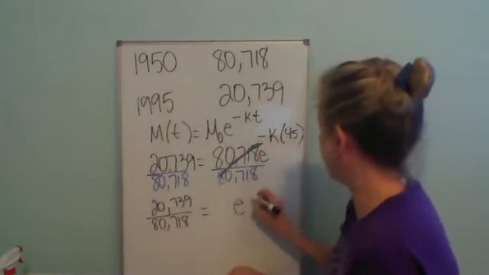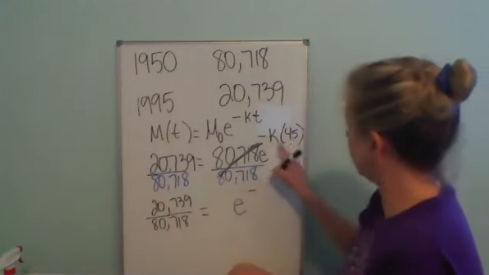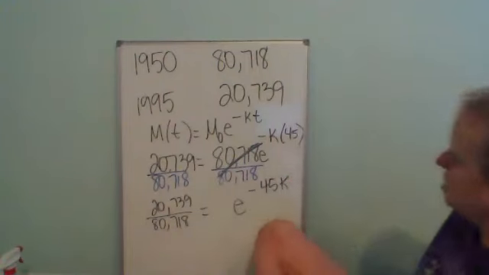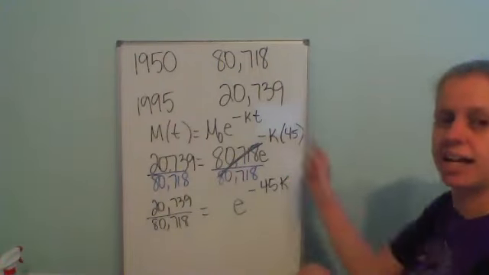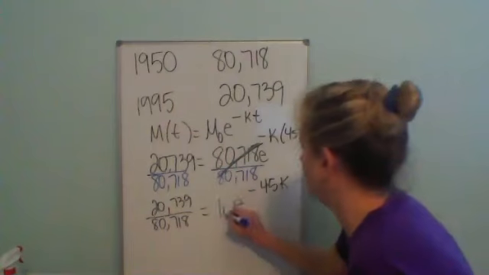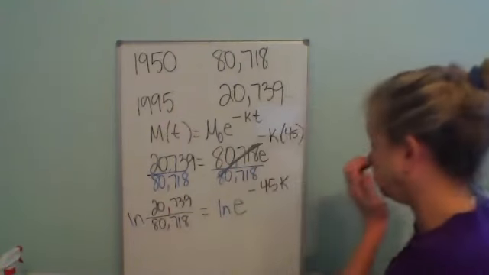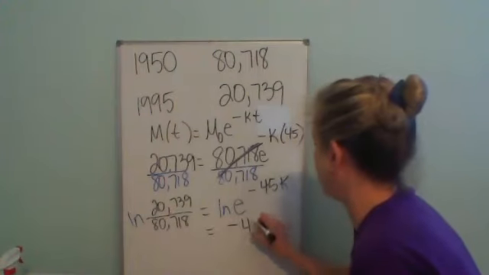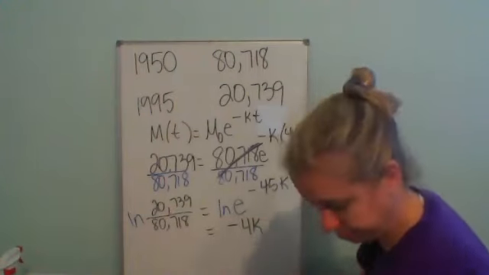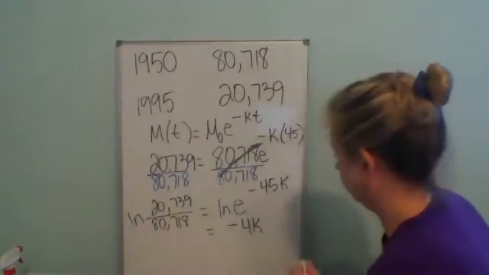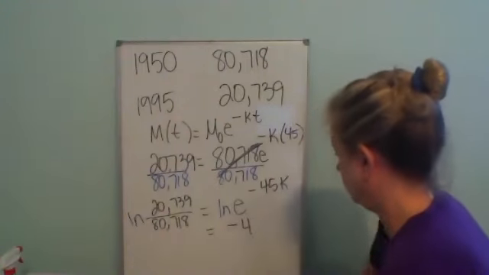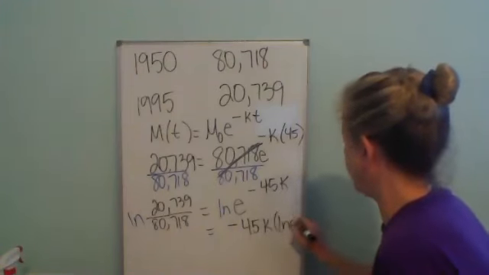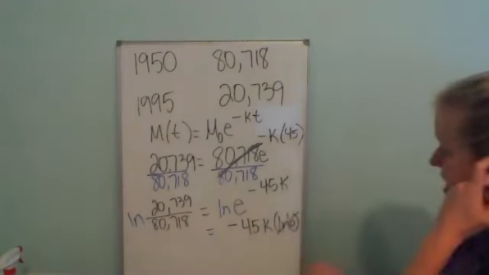I've got the e to the negative, let's see, instead of k45, I'm going to write it as 45k. So now I want to bring that k out of my exponent. So now I'm going to ln both sides. When I ln the right, now I'm going to have negative 45k ln e, again, remember that's 1, so I don't need it.